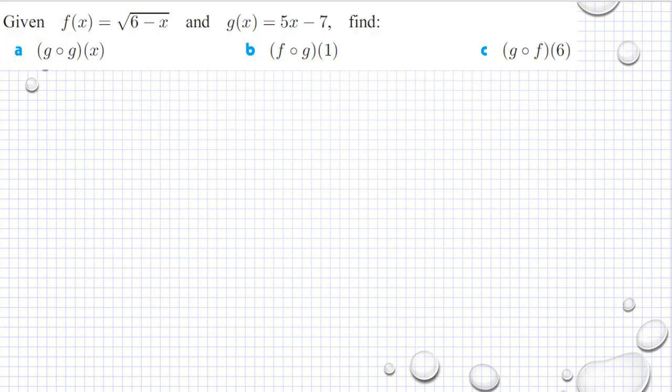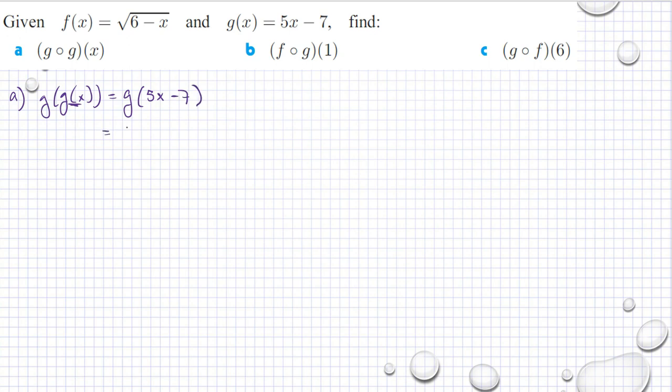Another example: we have f of x is equal to the square root of 6 minus x, and g of x is equal to 5x minus 7. For a, we're going to find g of g of x. Our g of x is 5x minus 7, and we do that one more time.